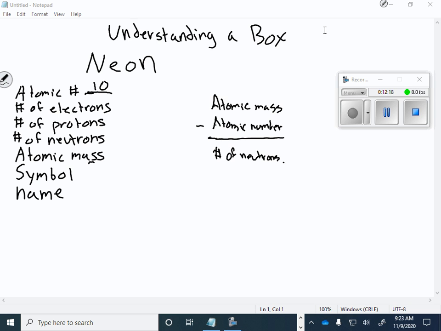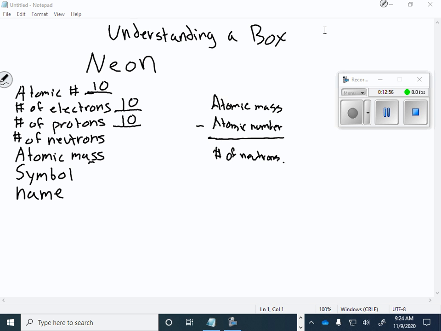It is 10, and we know it's 10 because the number of electrons will always be the atomic number. Very good. And number of protons? Who can help me with number of protons on neon? Zoe? It is also 10, because that will also always match the atomic number.